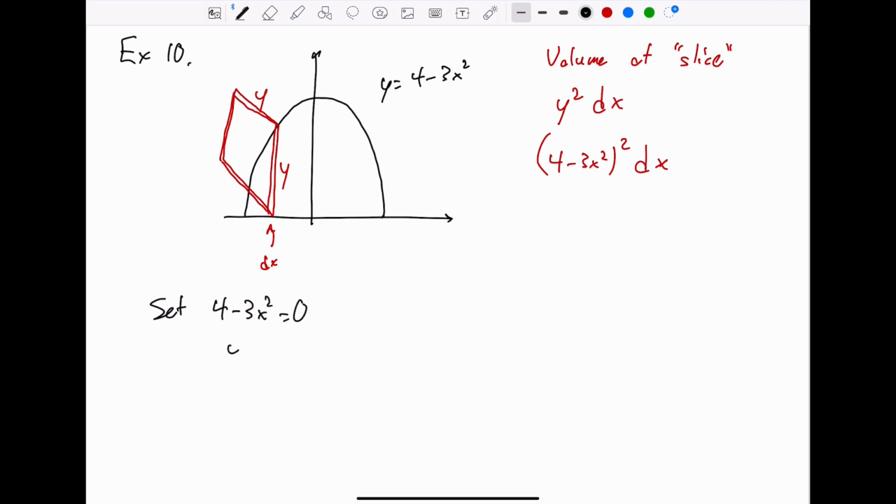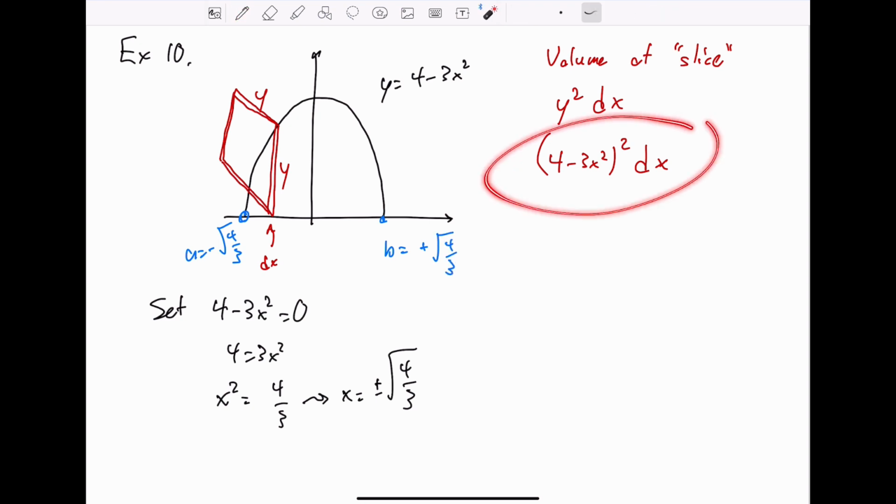We have 4 equals 3x squared. x squared equals 4/3. This tells us that x equals plus and minus the square root of 4/3. So our a value is negative square root of 4/3. b is positive square root of 4/3. Those are the limits of integration.